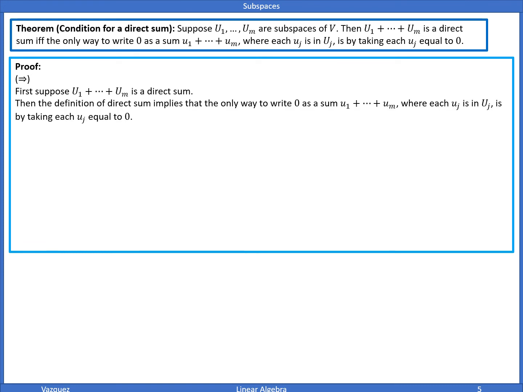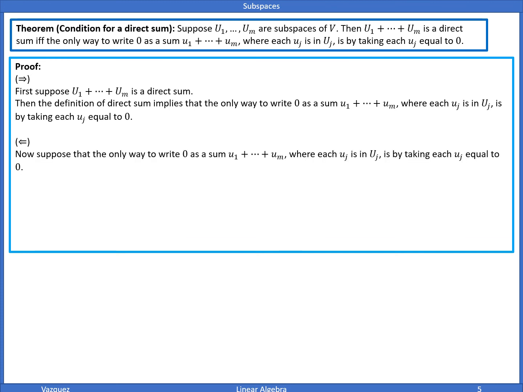Well, then the definition of direct sum implies that the only way to write 0 as a sum, where each uj is in Uj, is by taking each uj equal to 0. Right? 0 plus 0 plus 0 should equal 0. So that's fairly simple. It's as clear as it can be.